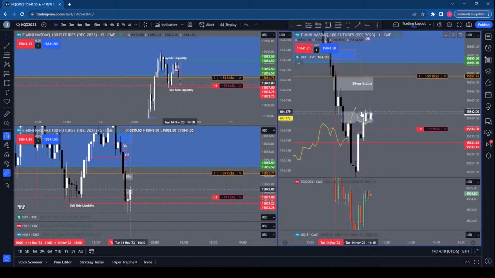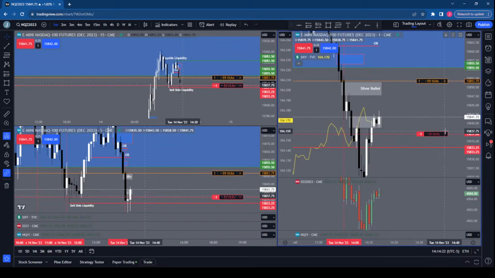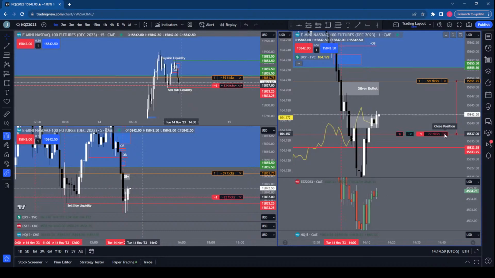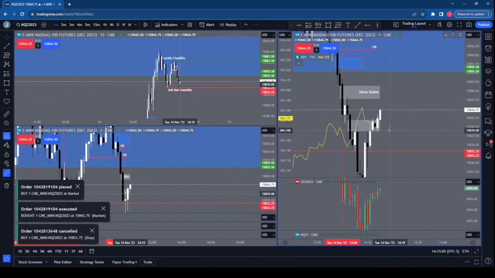If we close above this fair value gap, yeah, so I'm going to exit that for a second.